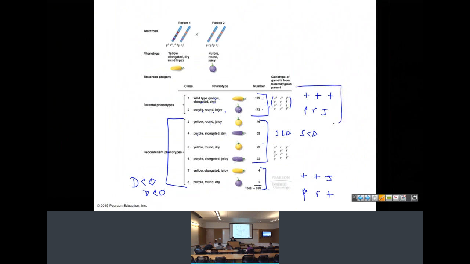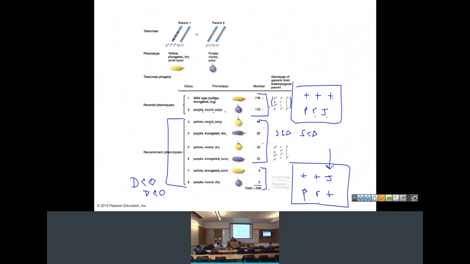You're comparing these 4 to these 4. What did you say? J. J is in a different order. Now, does everyone see that? Yeah, that's all it is. Compare plus, plus, plus, PRJ to plus, plus, J, PR plus. The gene in the middle, the gene that's in a different order, is gene J.